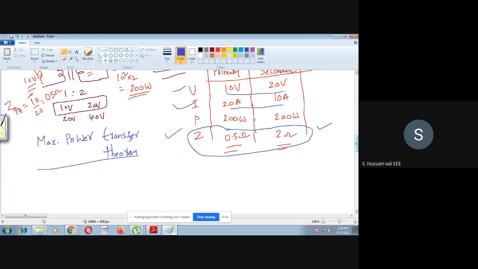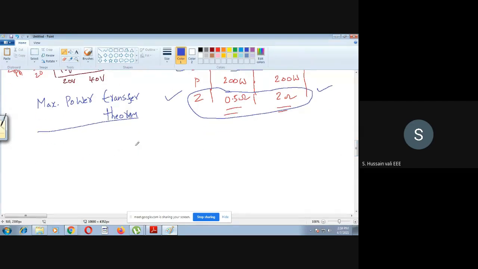What this theorem says is that you have a load here and you have a source here. This is a source.